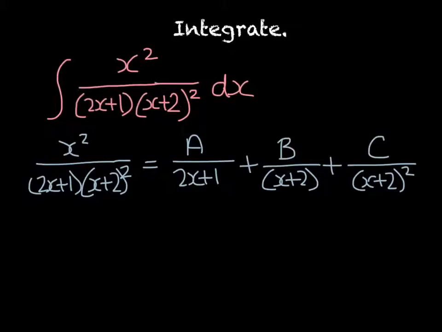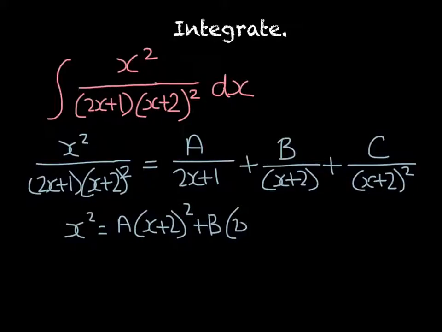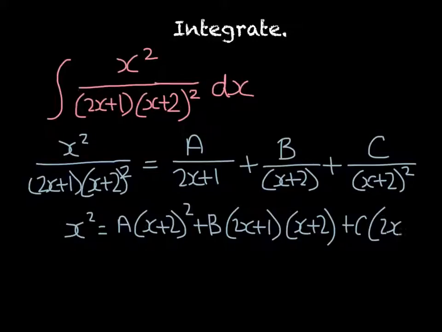So now we have that x squared equals a times x plus 2 squared plus b times 2x plus 1 times another x plus 2 plus c times 2x plus 1.